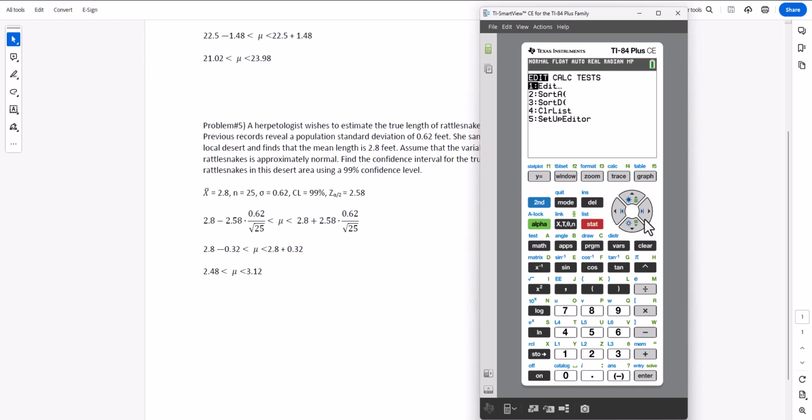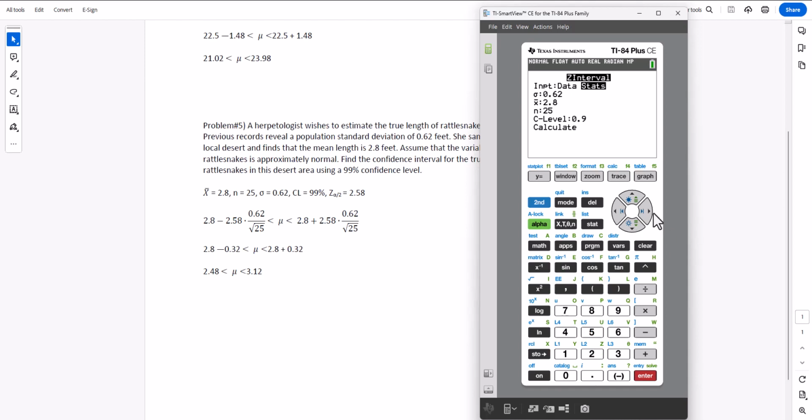Now, for people that have a TI-84 Plus calculator, they have the other option available to them. They click Stat, select Test, go to option 7. So I'll click on 7. Make sure you're on Stats. Type in your information, sigma 0.62, X bar 2.8, N 25.